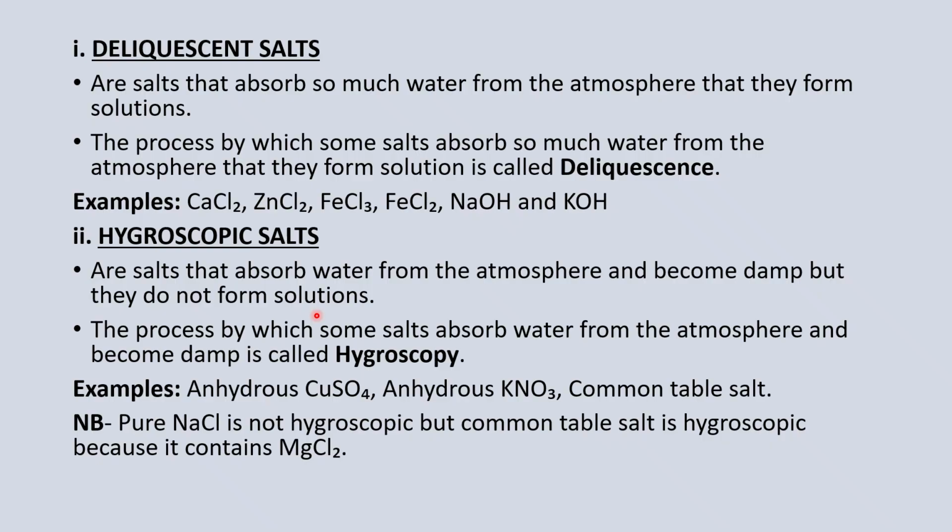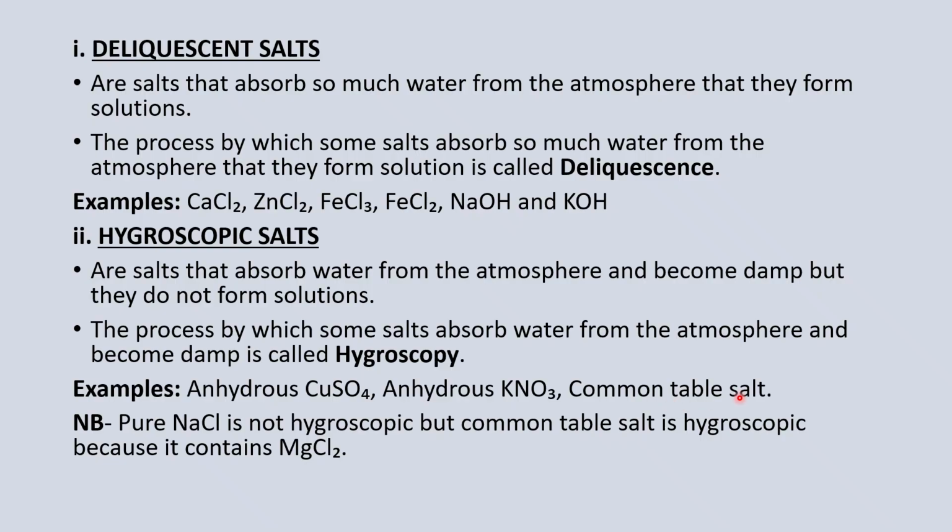The process in which some salts absorb water from the atmosphere and become damp is called hygroscopy. So you can see the name of the process comes from the name of the salts: hygroscopy, hygroscopic salts. Examples are anhydrous copper sulfate, anhydrous potassium nitrate, and common table salt.